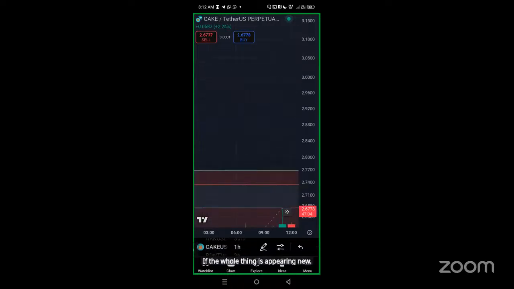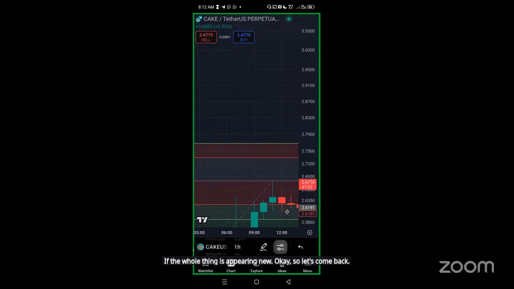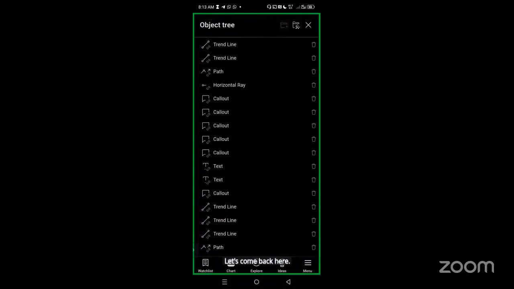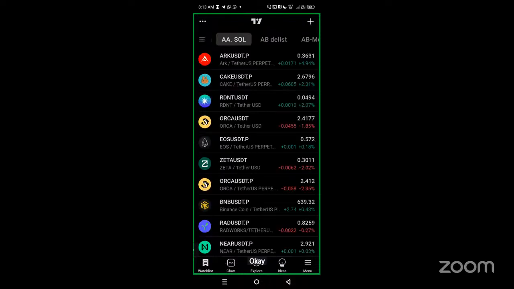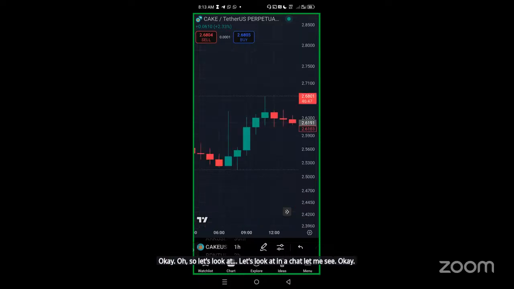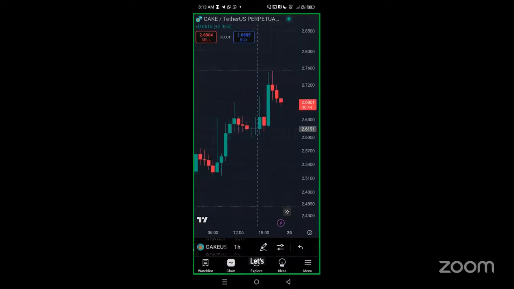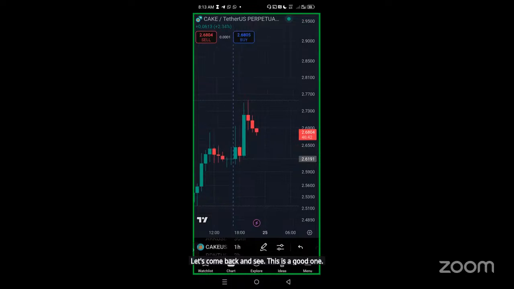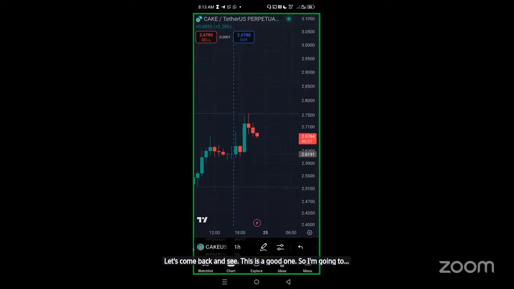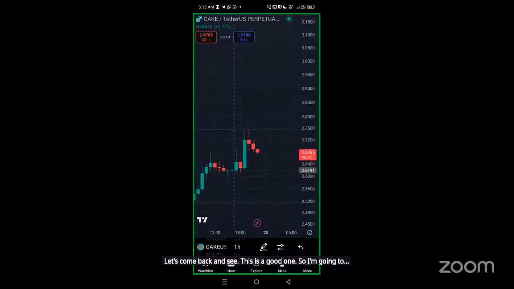Okay, so let's come back here. Let's look at the chart. This is a good one. Let's look at this area.